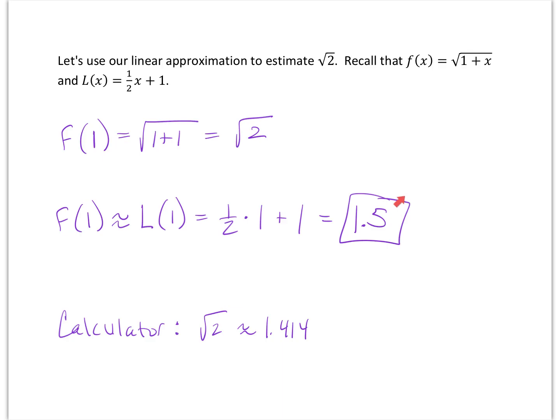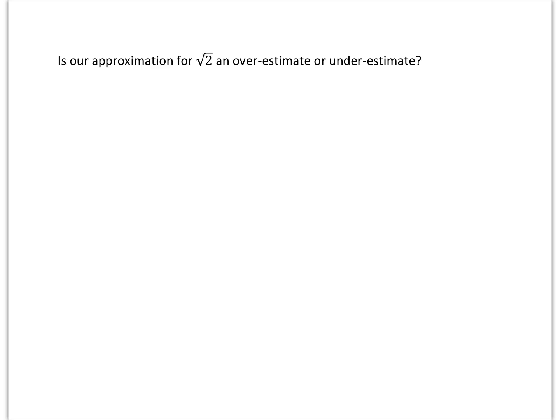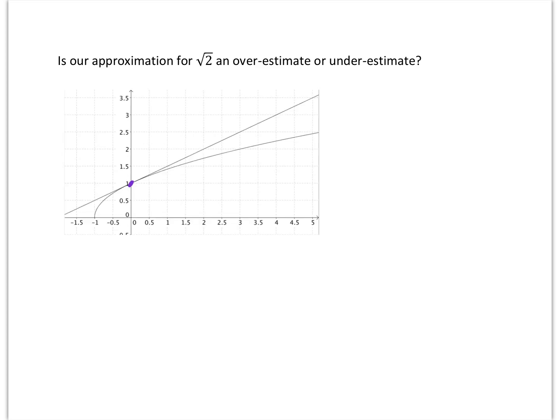Okay, so our line did a pretty decent job of estimating the square root of 2 to be about 1.5. Is our approximation an overestimate or an underestimate? Well, based on what we got from our calculator, we know it's an overestimate. But also think about our picture. I used the line to come up with an approximate value for f at the x value of 1.